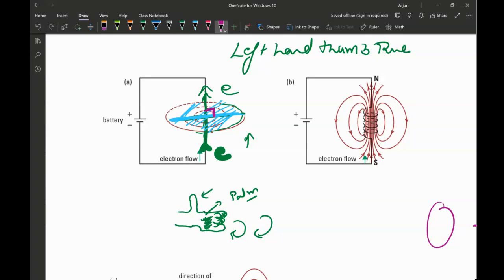Within that, the magnetic field lines are in a circular direction. Next question: in which direction do the field lines move? As I said, you curl your fingers, and that gives you the direction of the magnetic field lines.